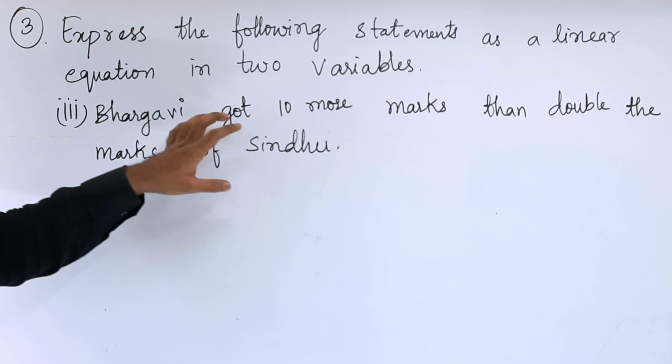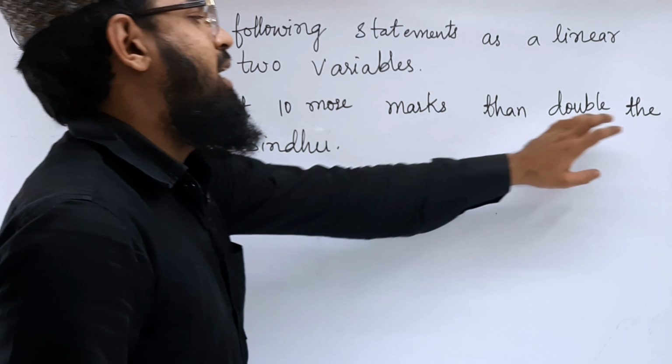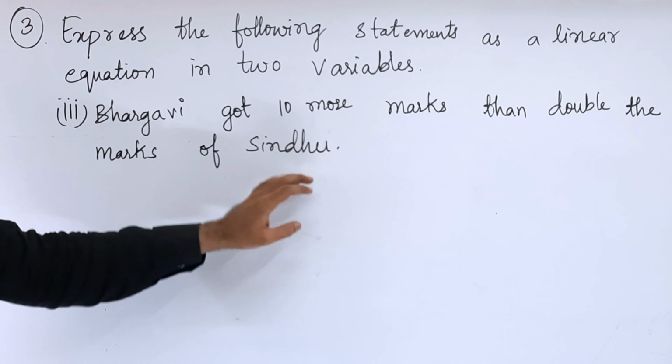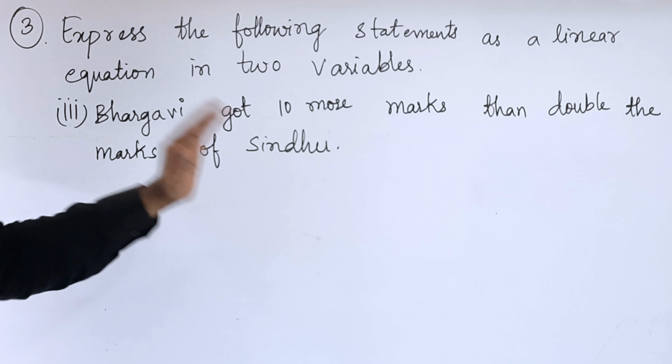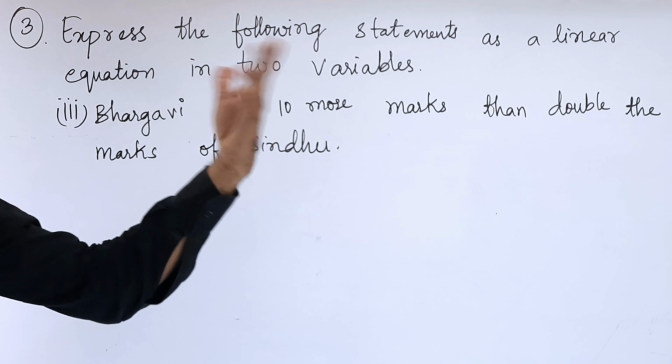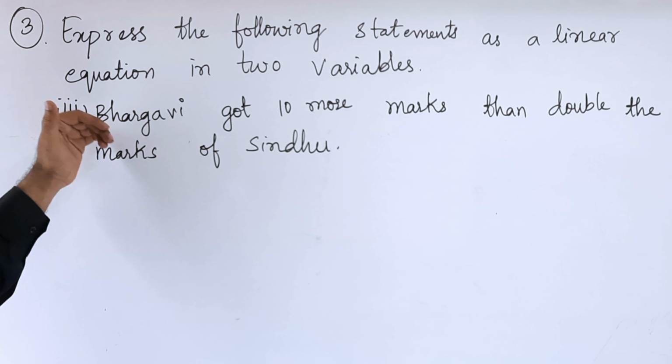Third bit, Bhargavi got 10 more marks than double the marks of Sindhu. So we don't know the marks of Sindhu as well as Bhargavi. So let us take the marks of Sindhu as x and the marks of Bhargavi as y.